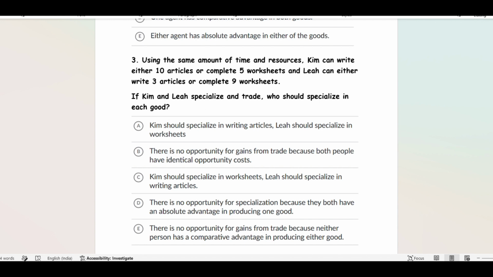So in this, you have to calculate the opportunity cost for both of them. You can calculate it for just one good and you will get the answer, or if you want to calculate it for both goods, fine. I'll keep switching between the windows so that you see my answer also. So Kim can write either 10 articles or complete 5 worksheets.